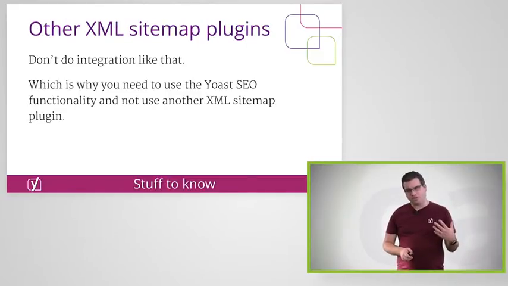The reason we do this is because other XML sitemap plugins, and that's why we wrote our own, don't have an integration like that. They can't say, okay, so this URL is noindex, we take it out of the XML sitemap. That's why you need to use the Yoast SEO functionality and not use another XML sitemap plugin.